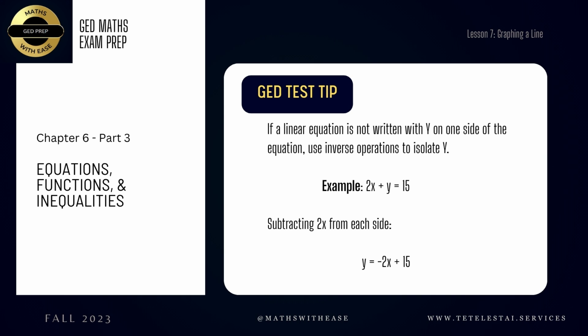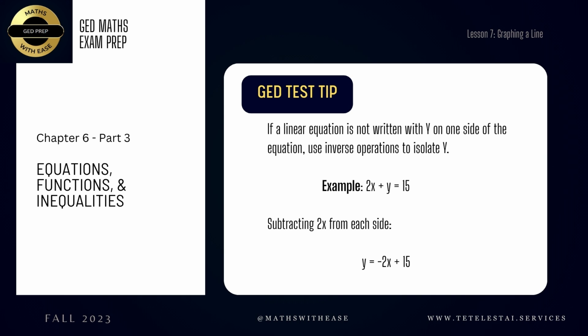In this instance, to isolate y, we can simply subtract 2x from both sides. So if we subtract 2x from the left-hand side, we'll be left with y. And if we subtract 2x from the right-hand side, we'll have negative 2x plus 15.